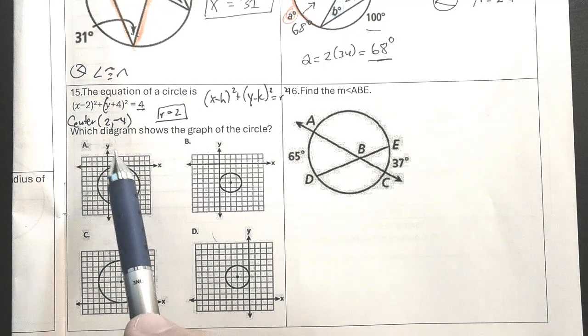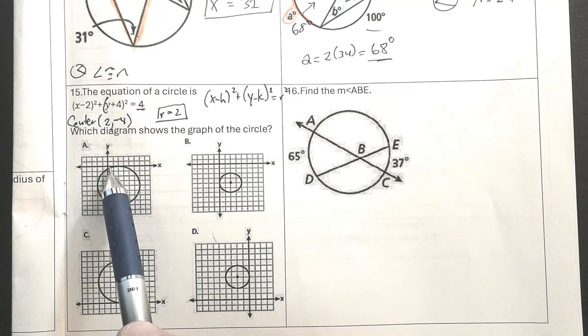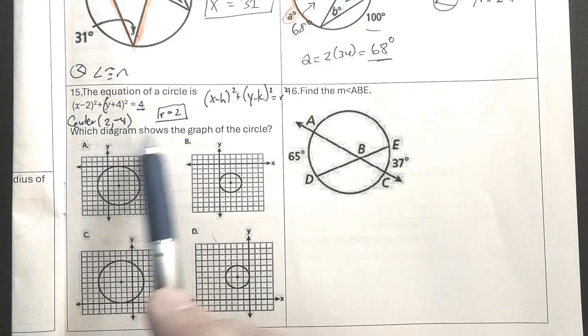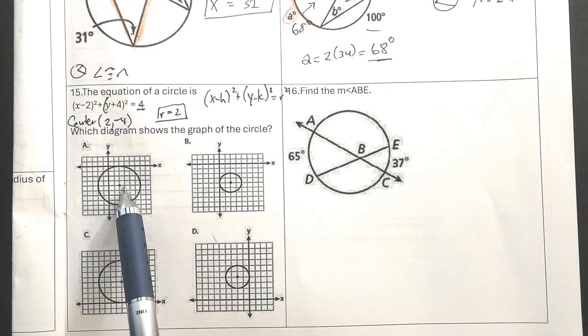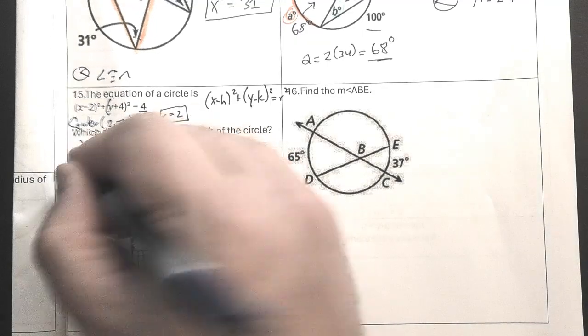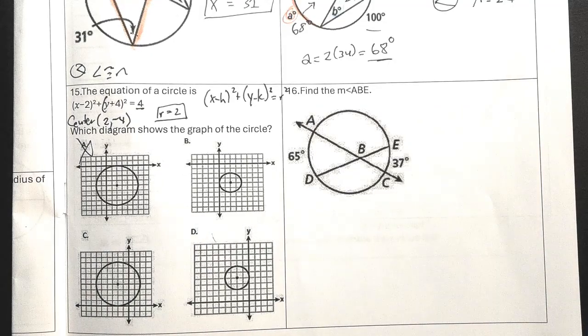And so 2 is over here and 4 is down. So 1, 2, and then 1, 2, 3, 4. So this is the point. Now, radius is 2. So 1, 2. See, this goes a lot further than that. So this guy's no good. All right, over here.